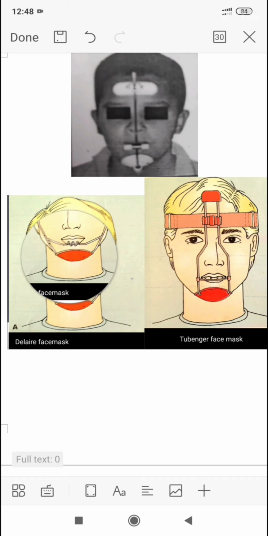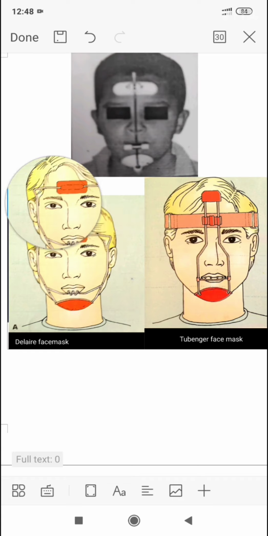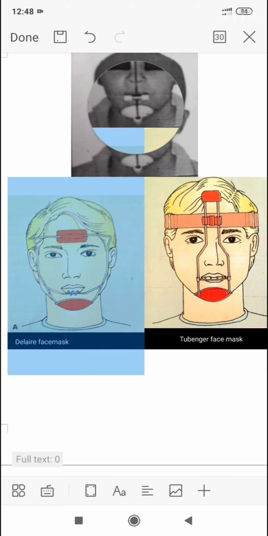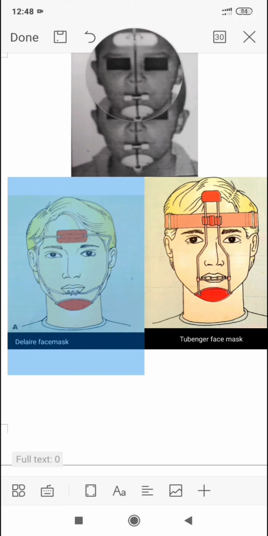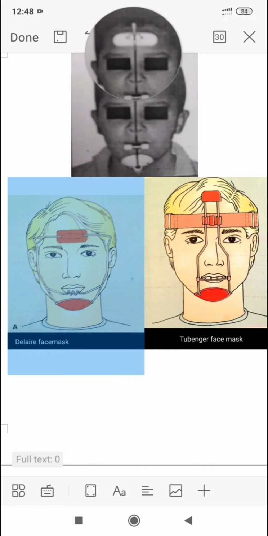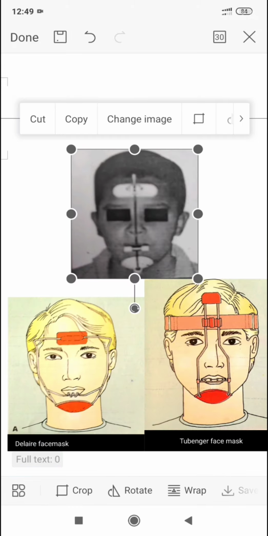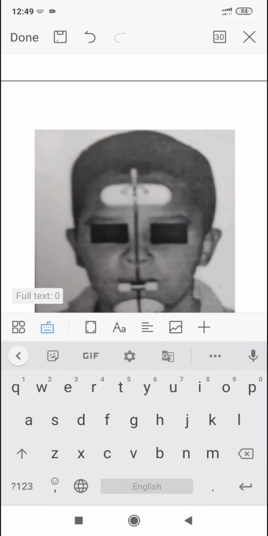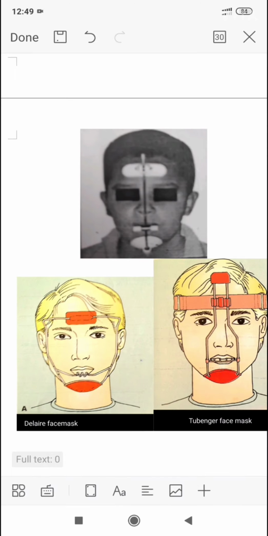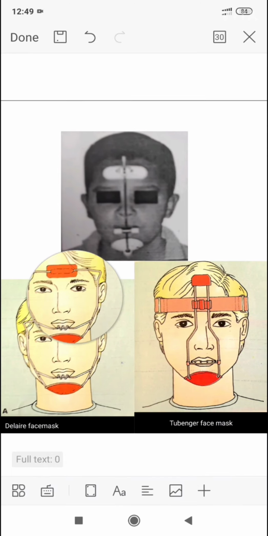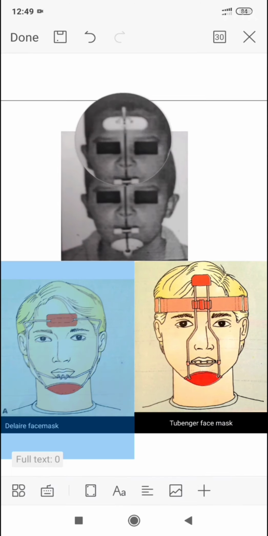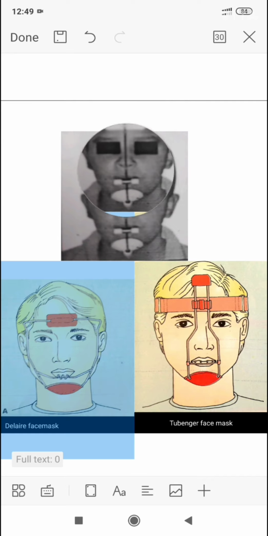This is a Delaire face mask, which is box shaped, and this is a Petit face mask. It has a single rod in the middle of the face, as you see.